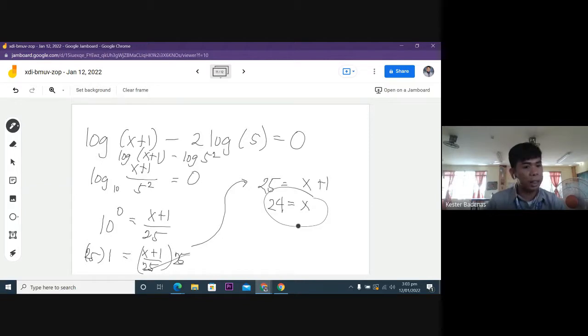So, 24 yung answer. So, we have logarithm of x plus 1 minus, angat natin yung 2, 5 squared. So, magiging 25 yon. So, magiging logarithm of, gawin ko na 25 agad dito sa baba. Ayan, 25. So, ayan yung process.